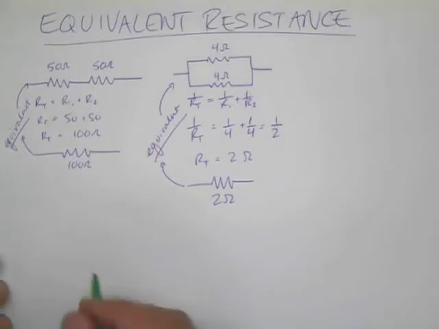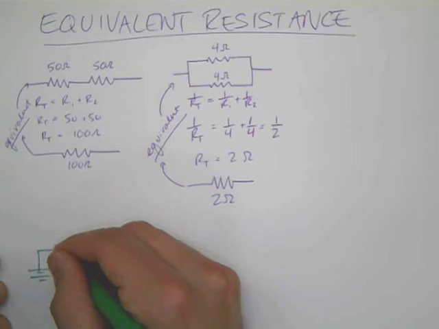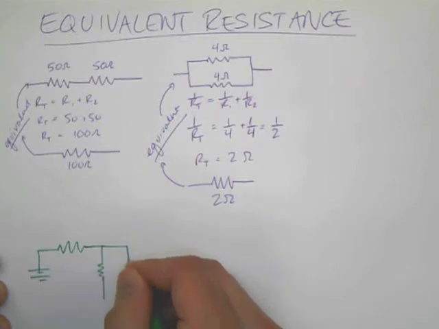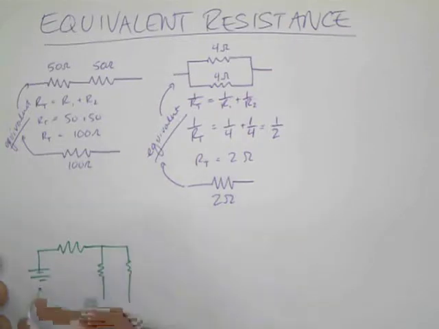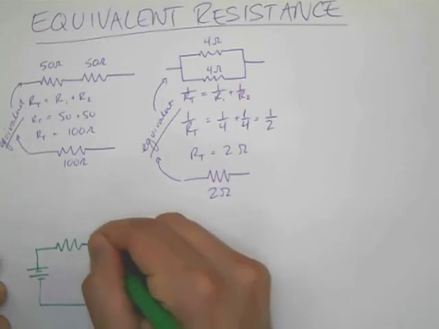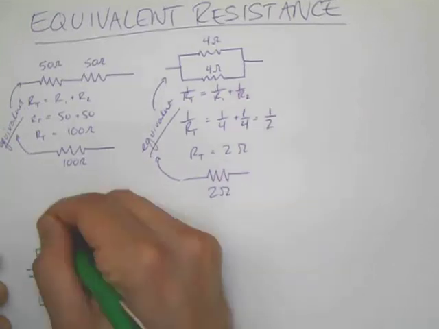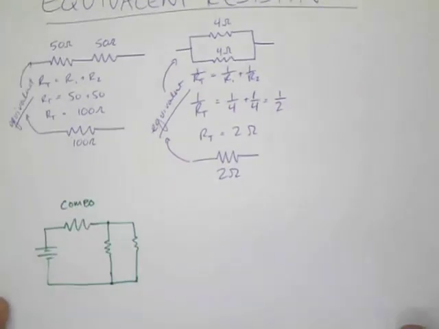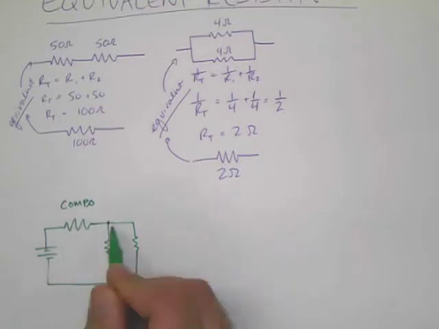So let's take a combo circuit that has one resistor in series with two other resistors that are in parallel. So notice, I can't describe this circuit as either series or parallel because this component is in series with both of these, but these are in parallel with one another.